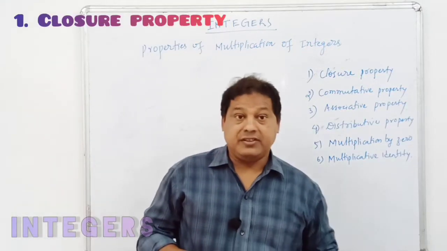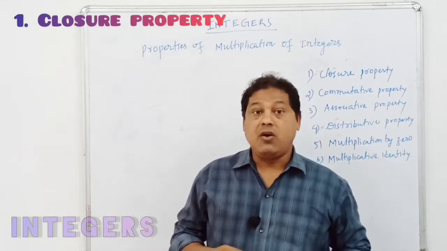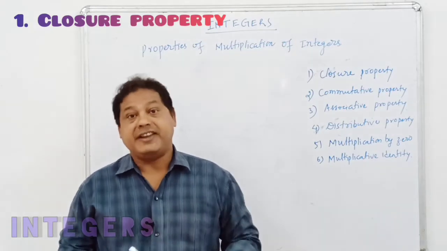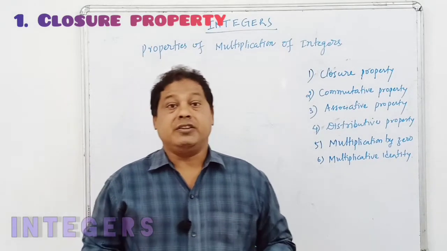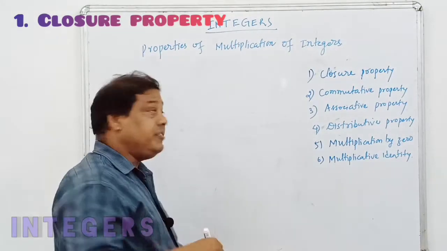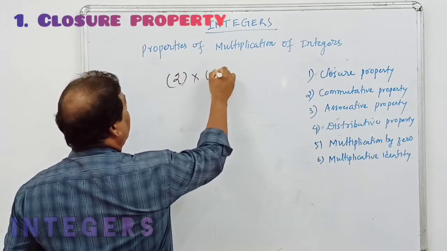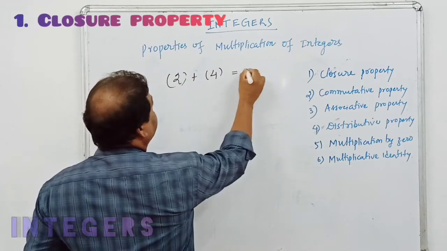In the previous session, we have learned about the addition and subtraction of integers. So the sum of 2 integers is always an integer. The difference of 2 integers is always an integer. See some examples here. Let us take 2 is an integer, 4 is an integer. 2 plus 4 is 6.